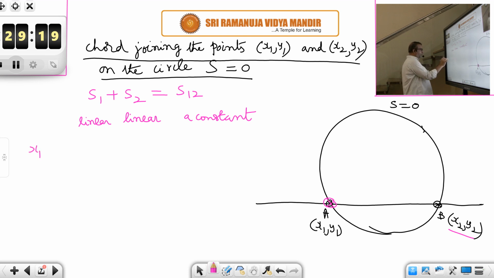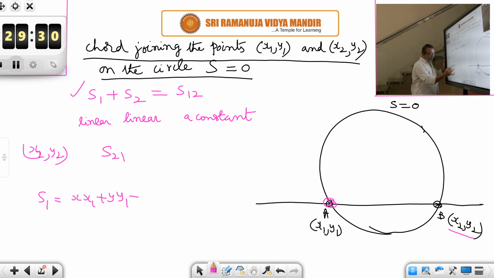If I substitute x2, y2 in this equation, what I get is S21, because S1 is xx1 plus yy1 plus g into x plus x1 plus f into y plus y1 plus c. In this, if I substitute x2, y2, it is just S21 only.